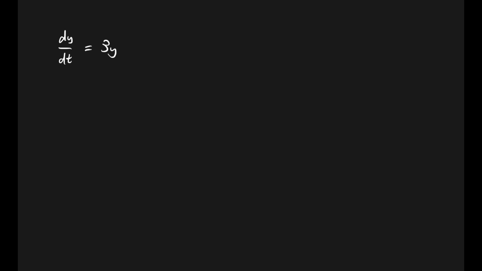So all this is really saying is that the derivative d/dt of our desired function y of t that we're going to solve for has to equal 3 times the function itself, y of t. So that's an example of a simple differential equation.